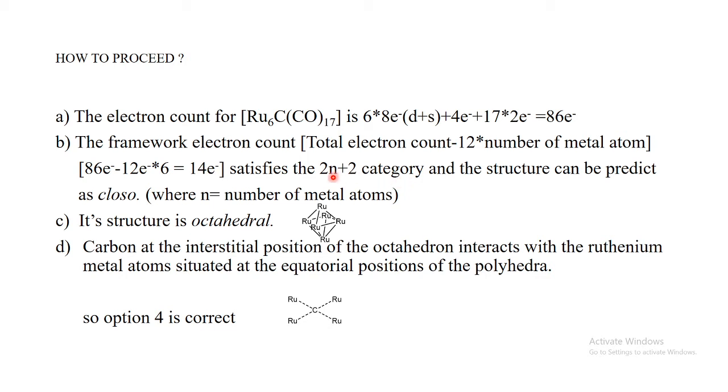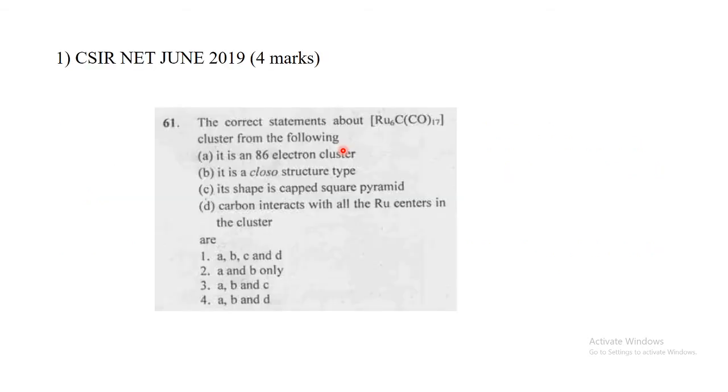Since the metal cluster satisfies the 2n plus 2 category, the structure can be predicted as closo. If we have 2n plus 4, it will be nido, and if we have 2n plus 6, it will be arachno, and so on and so forth. So the second statement is also correct.